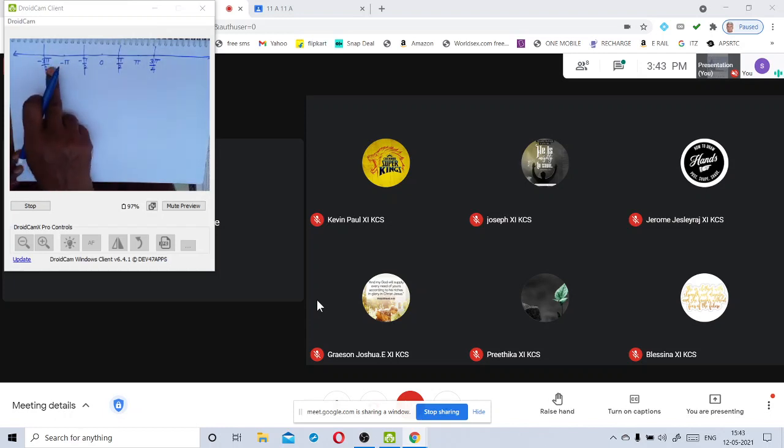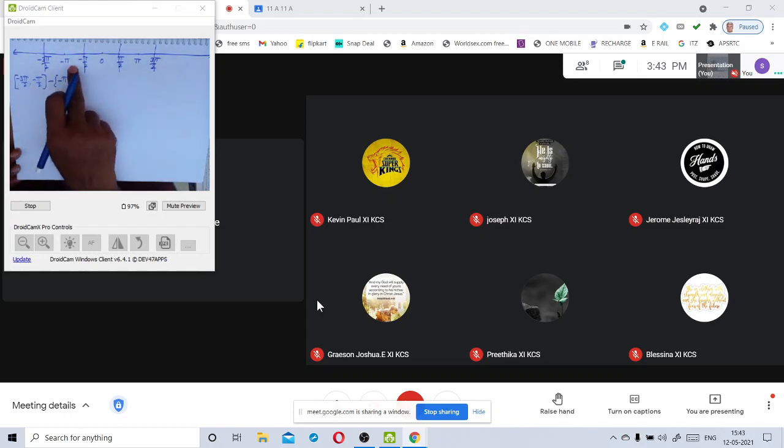Minus 3 pi by 2 to minus pi by 2, that is one interval. We have to exclude this minus pi, because if you take minus pi, it is not defined.